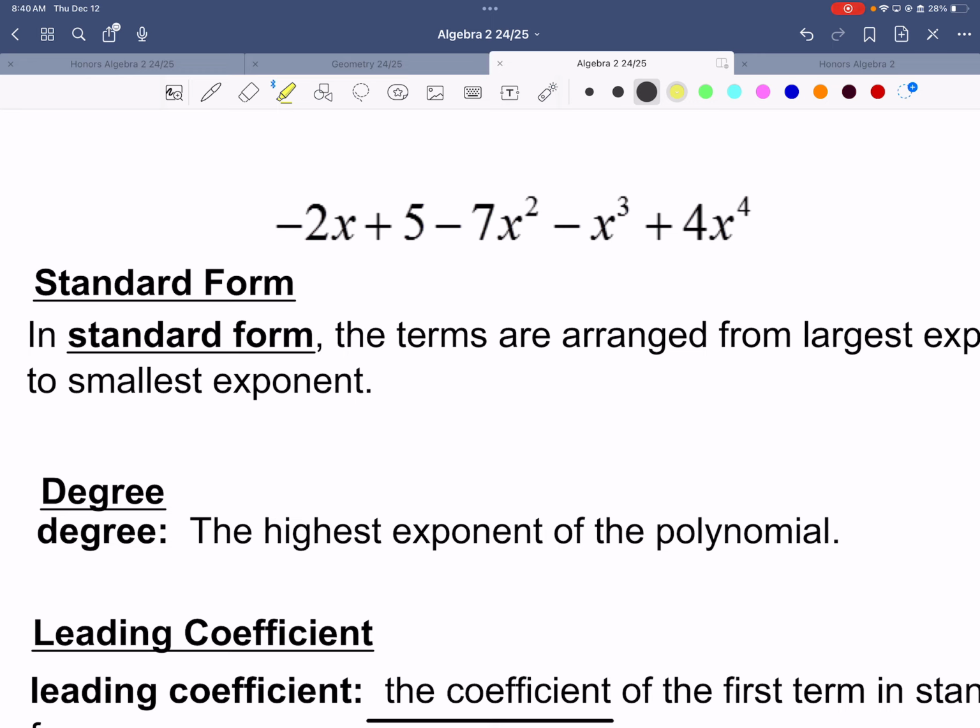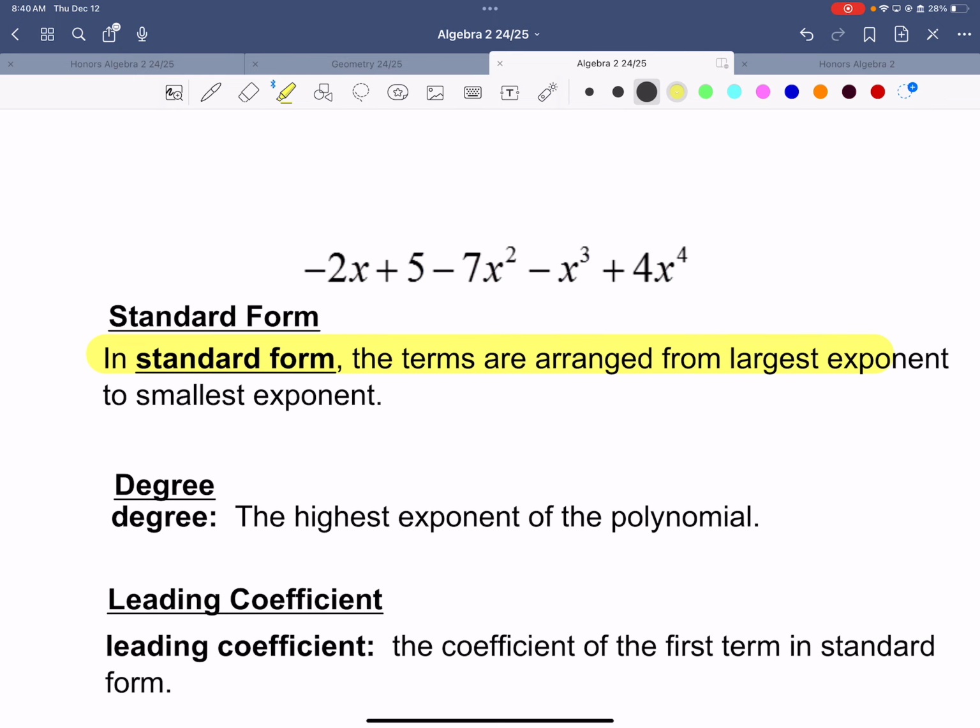The first thing we have to do is put it in what's called standard form. In standard form, the terms are arranged from the largest exponent to the smallest exponent. We talked about standard form a ton with quadratics. We said they had to be in standard form in order to factor them: x squared, x, and then the constant.